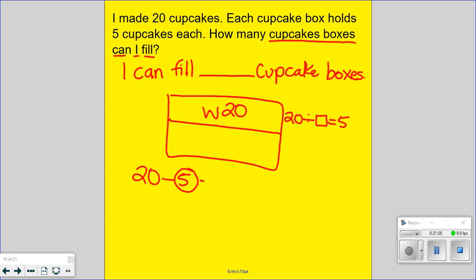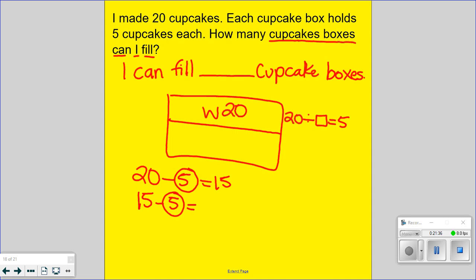John, we're writing. How many cupcakes do I have left? Zach? 15. Can I make more boxes? Yes. All right, well now I have 15, and I need to pack another box. How many cupcakes go in that box? Jalen? 5.